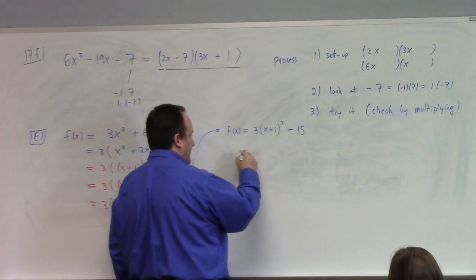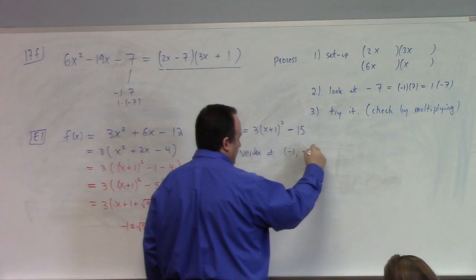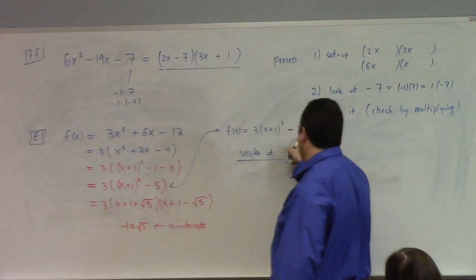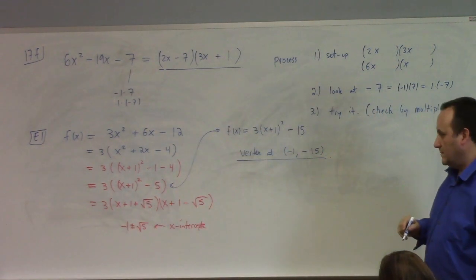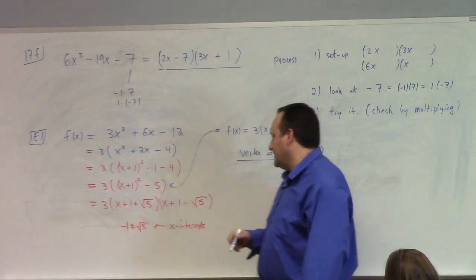So this has vertex at -1, -15. Where did that 15 come from? Did you multiply 3 times 5? Oh, yeah, exactly, 3 times the -5.